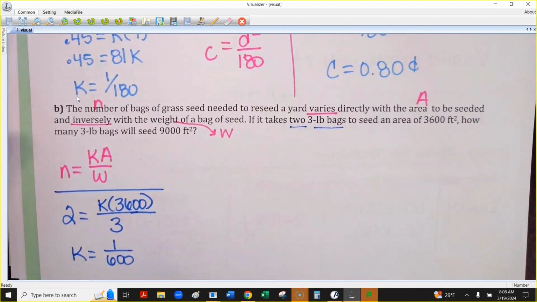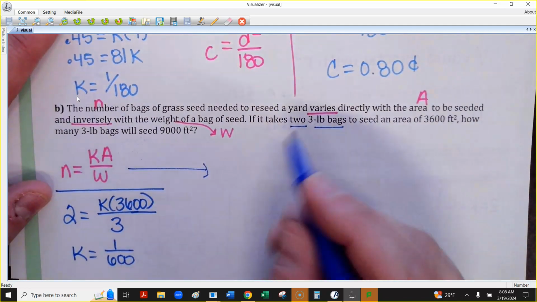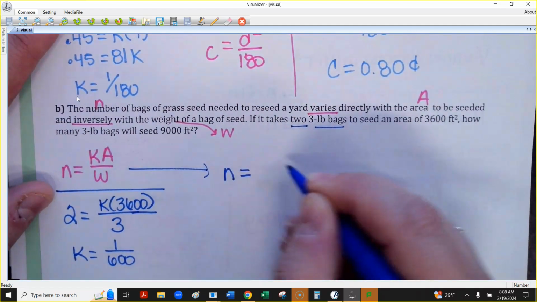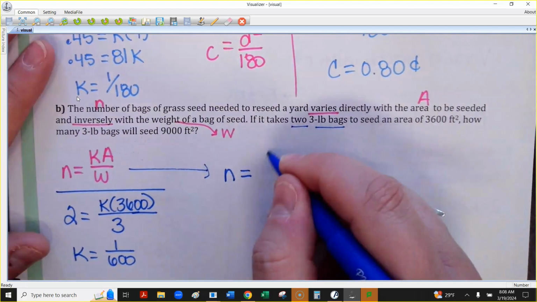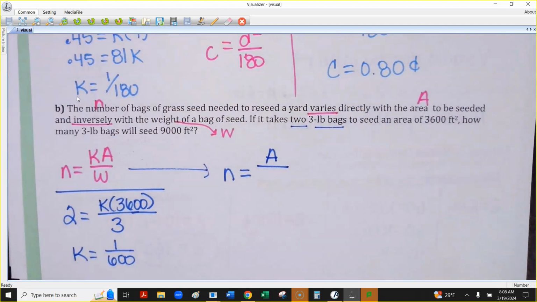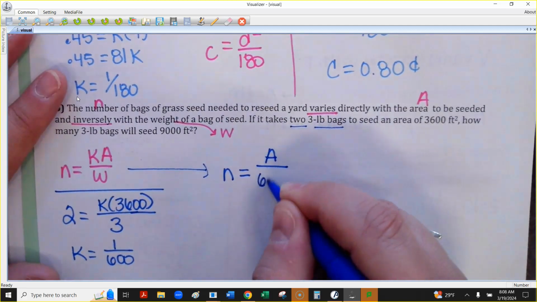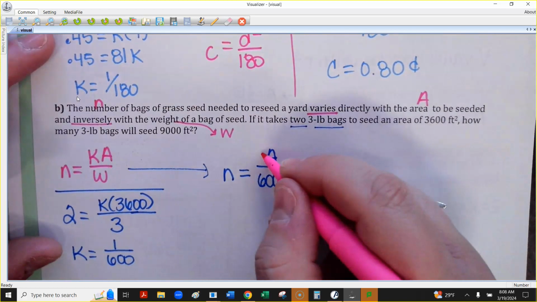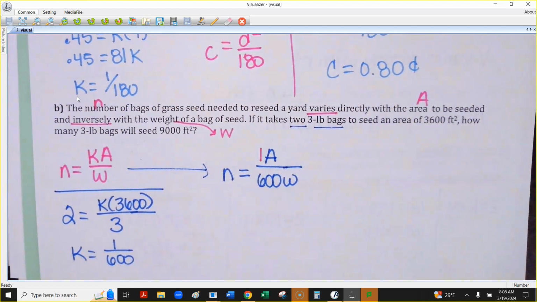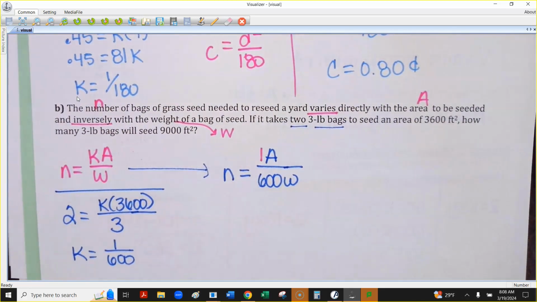So what that would look like, your number of bags, I would have 1 in the top with the area, so I'm just going to write area, and then I would have 600 in the bottom with the weight. I'm just going to lightly write a 1 in the top just so you guys could see. So that 1 over 600, since I have a fraction and that K value ended up being a fraction, the top of it goes in the top, which you would probably not write the 1, but the 600 is going to go in the bottom.